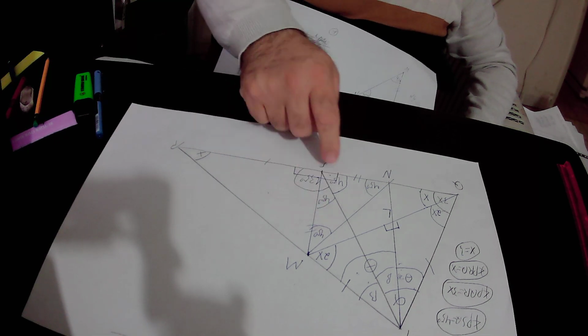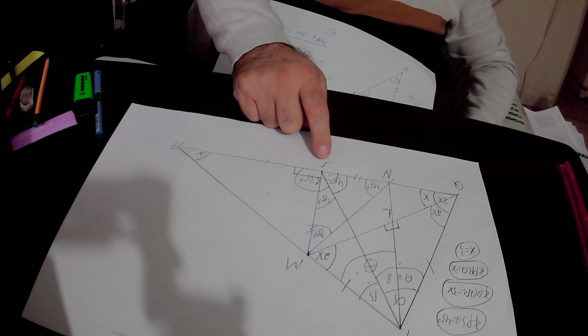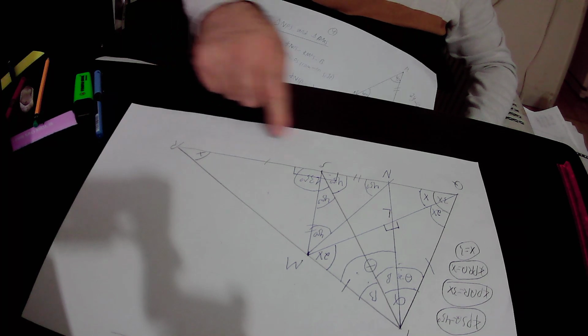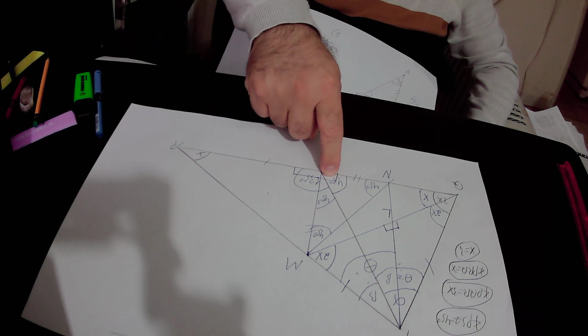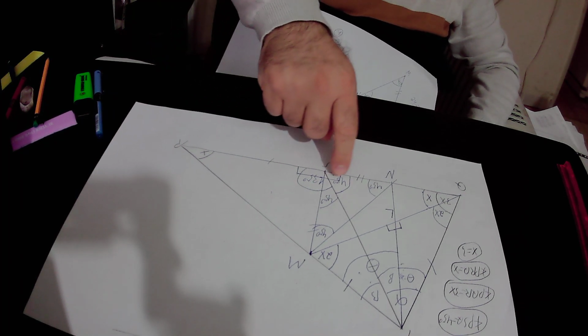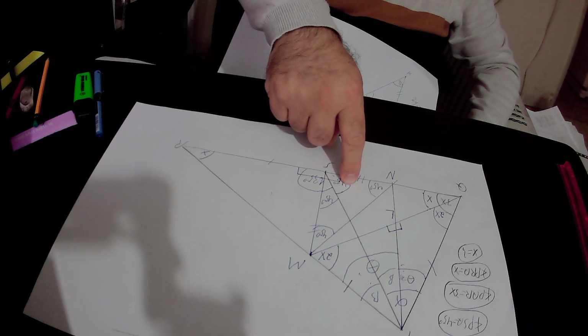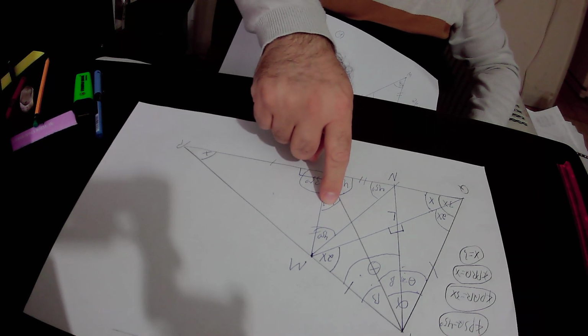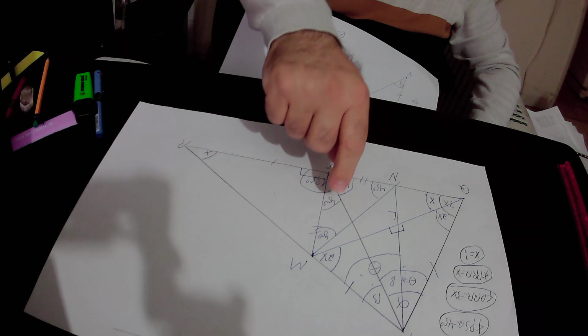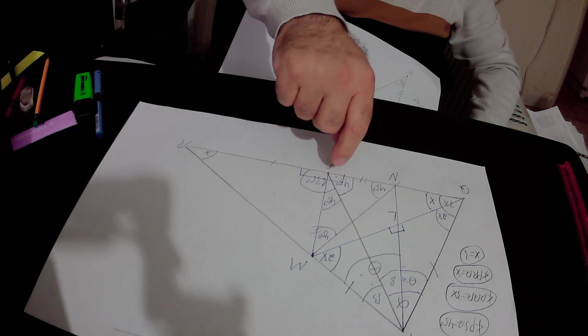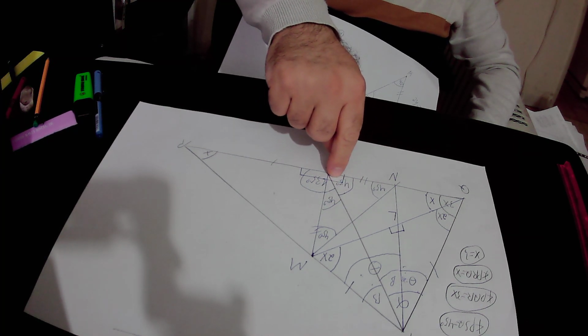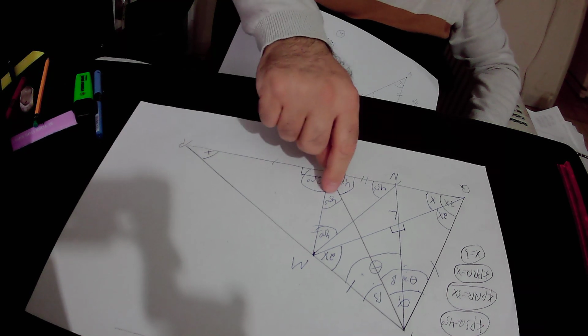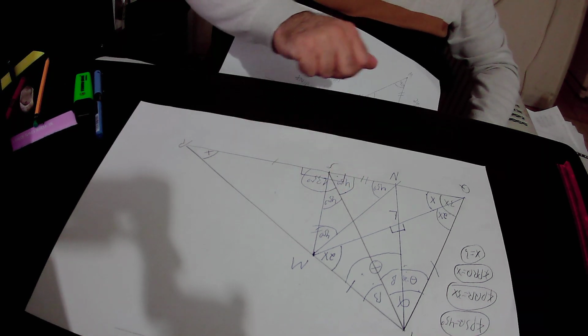But MS is perpendicular to QR, that is to say this angle equals 90 degrees. This angle equals 90 degrees, but this angle equals 45 degrees. So this angle must also equal 45 degrees in order to complete the sum of the angles to 90 degrees. So those two angles are both equal to 45 degrees.